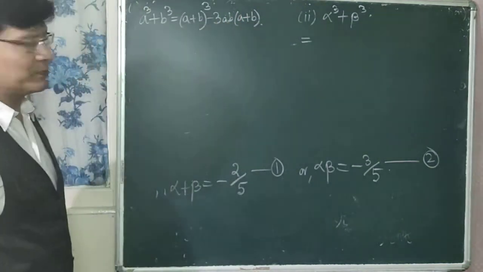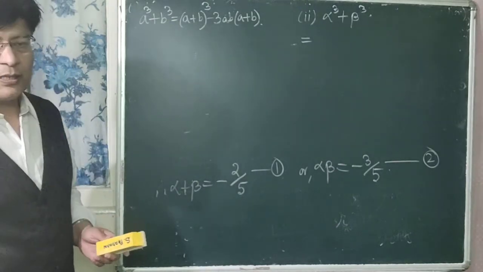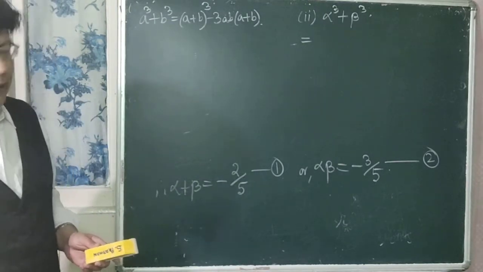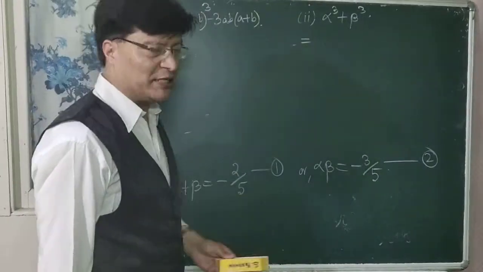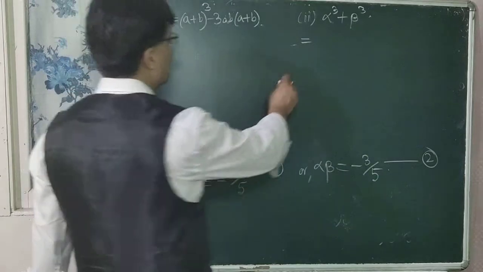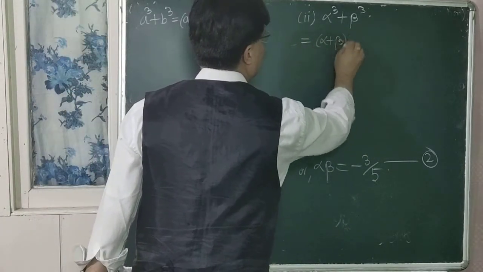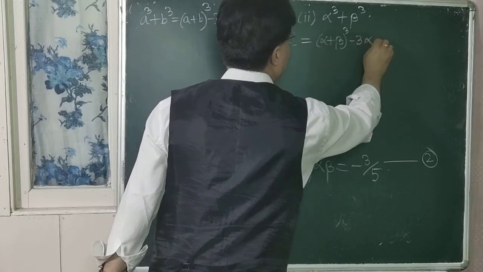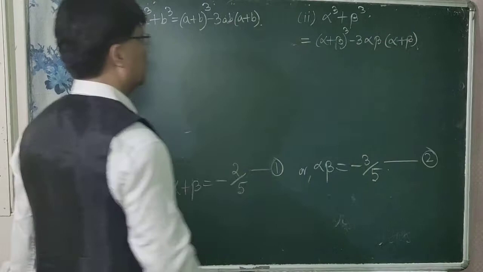This is the formula. A cube plus b cube is equal to a plus b whole cube minus 3ab into a plus b. So instead of a there is alpha and instead of b there is beta. So use this formula. So what is the formula now? It is alpha plus beta whole cube minus thrice alpha beta into alpha plus beta.